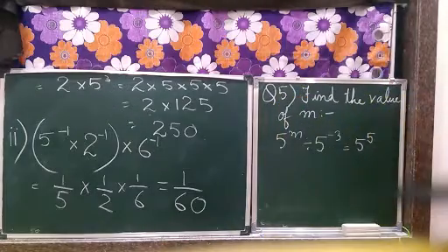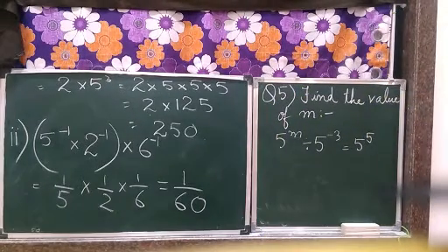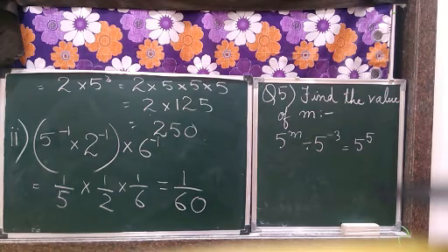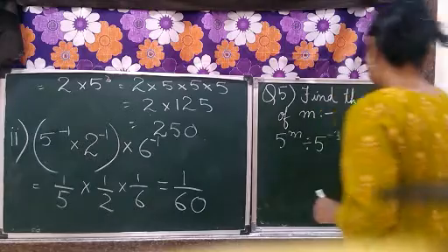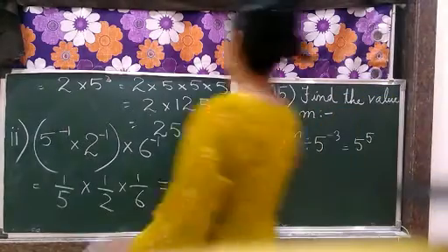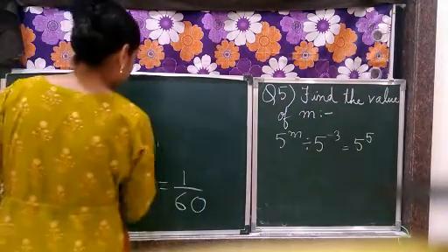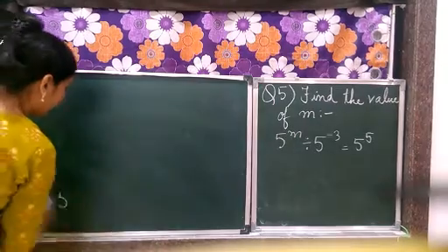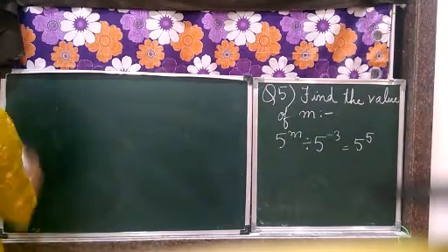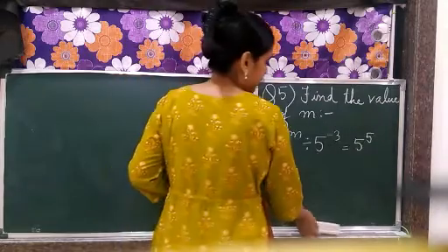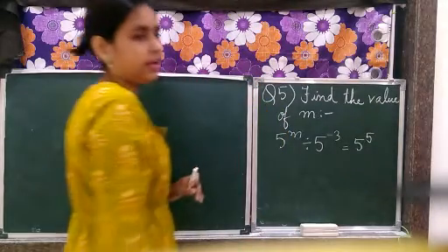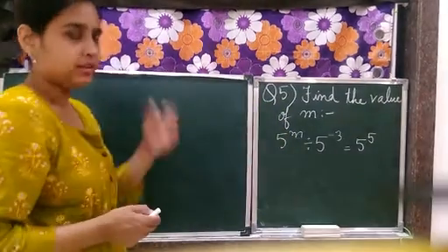Now you can see the base is same. So whenever the base is same and there is a division sign, we subtract the exponents. a raised to m divided by a raised to n is a raised to m minus n.